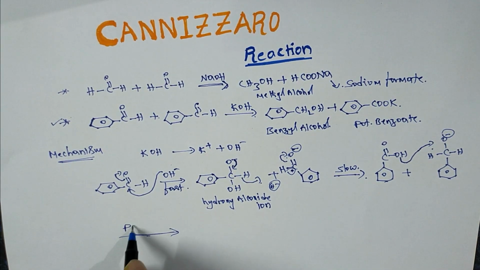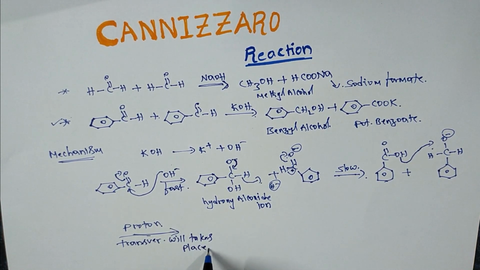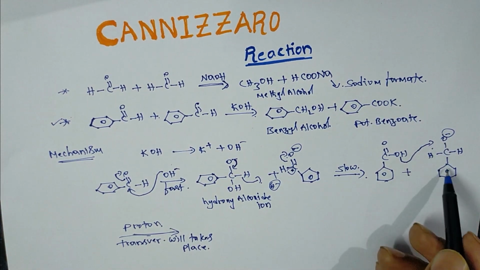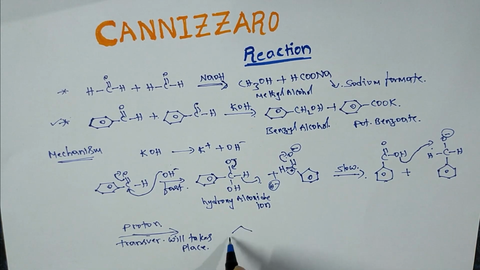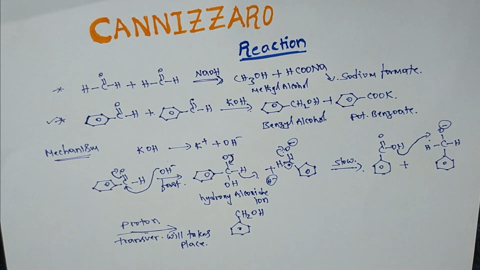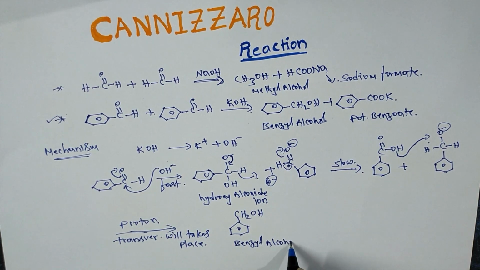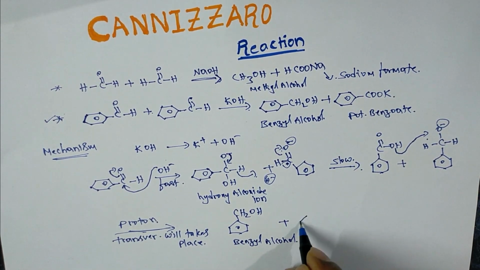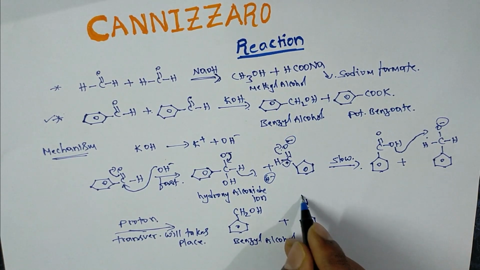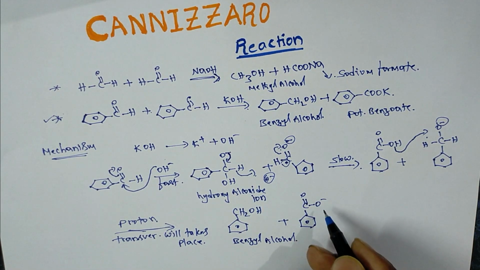So this proton attaches to this oxygen and we get C6H5CH2OH, which is called benzyl alcohol, plus C6H5COO minus is also formed. This is the benzoate ion.